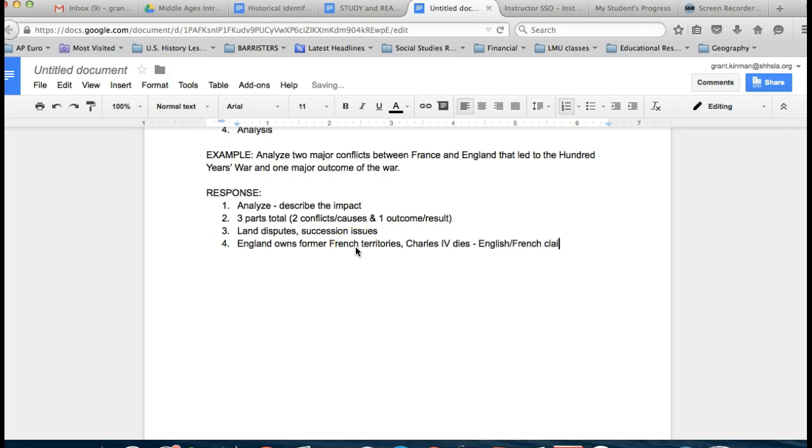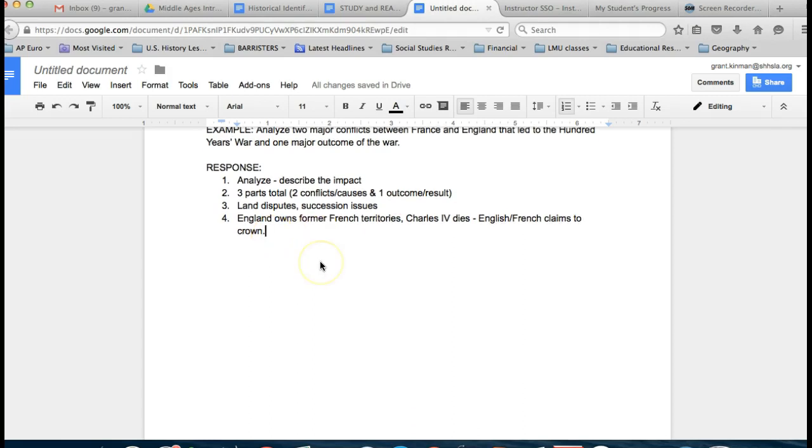English/French claims to crown. Okay, analysis. How do we go deeper? How do we take this a little bit deeper? Well, we got to expand on these ideas. England owns former French territories. Well, what's the problem here? And then Charles IV dies. English-French claims to the crown. What happens after that? So we got to take it a step further and explain what happens.